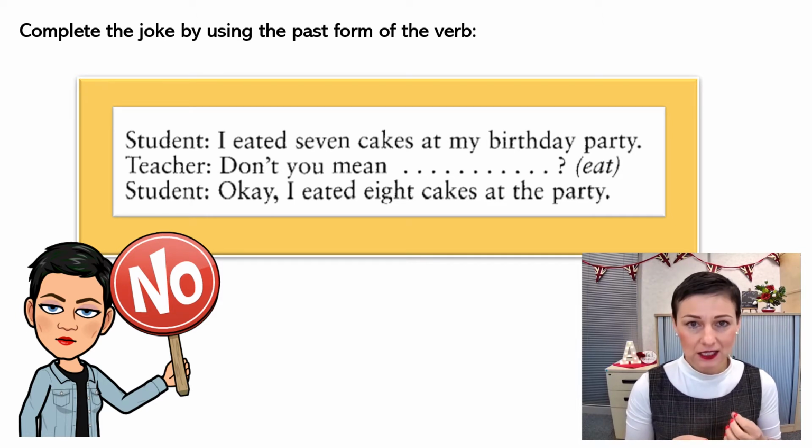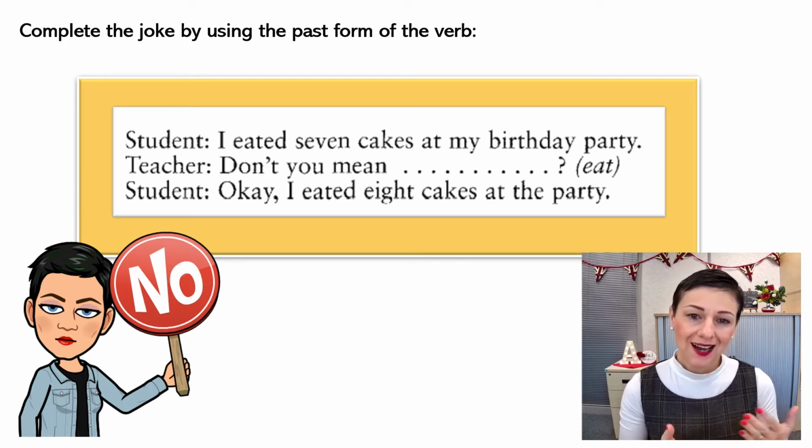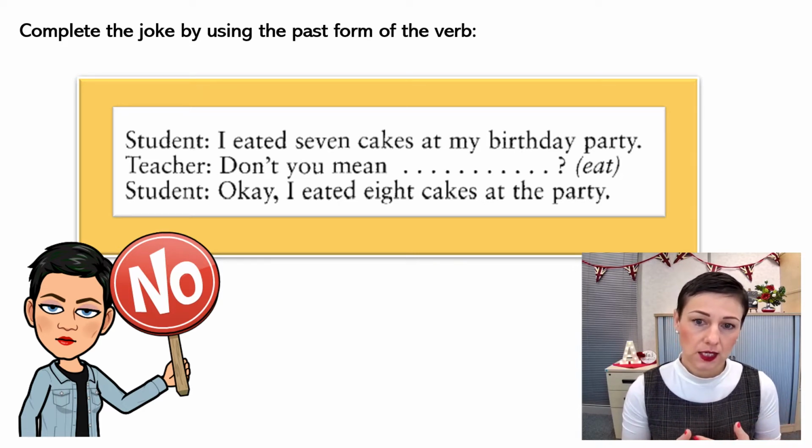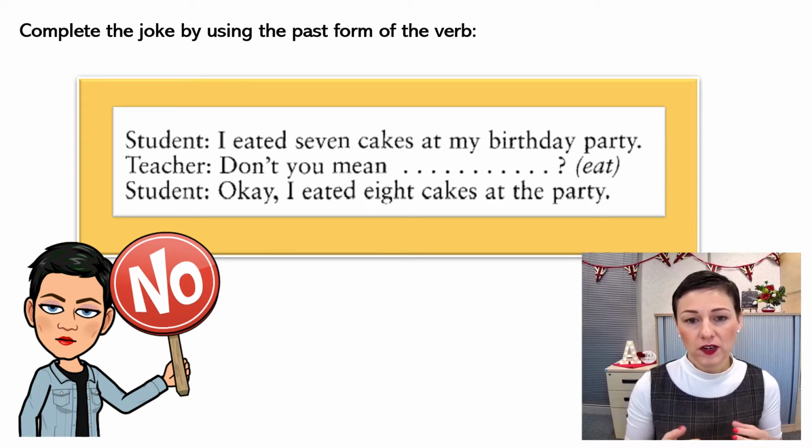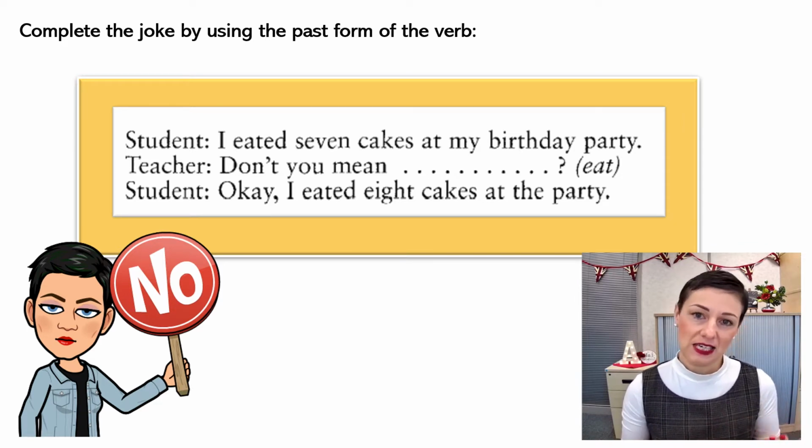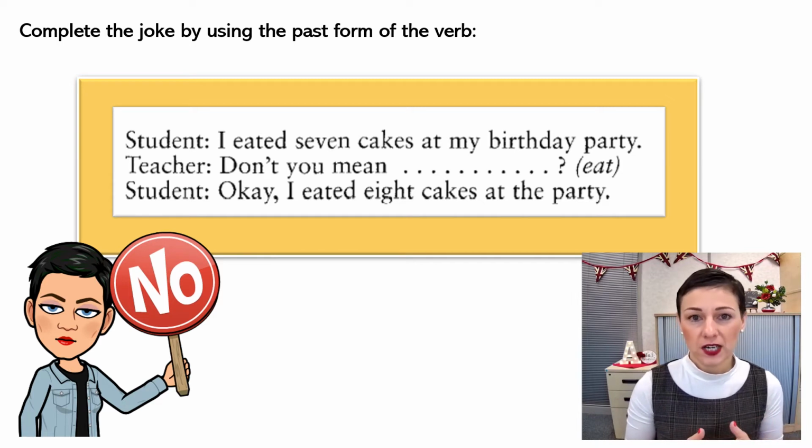They imitate adult speech, they figure out the rules, but then they overgeneralize or over-apply the rules. For example, they think that all verbs are regular and apply the ending ed to all verbs when they talk about the past.